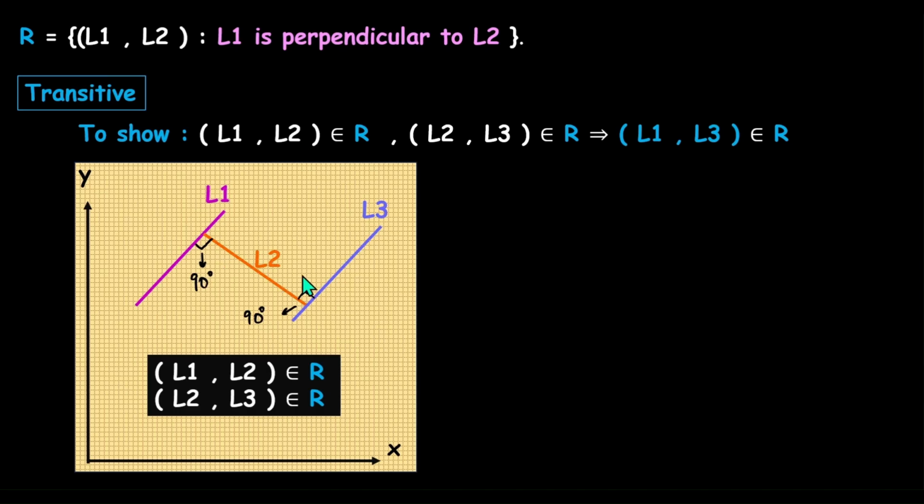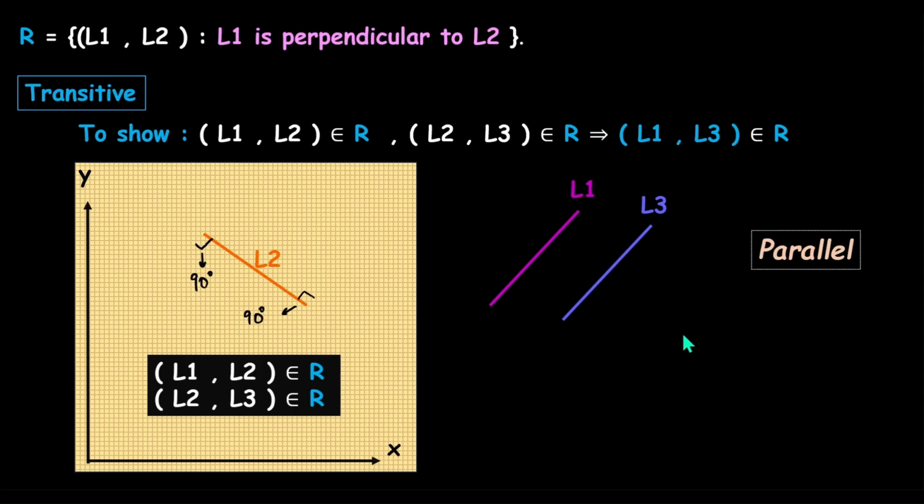Now let's check out L1 and L3 individually. So we'll see L1 is here and L3 is here. And clearly these lines are not perpendicular to each other, but again, they're parallel to each other, right? And that makes sense because if L2 is perpendicular to L1 and L2 is perpendicular to L3, it must happen that L1 and L3 should be parallel if they're lying in the same plane, right?